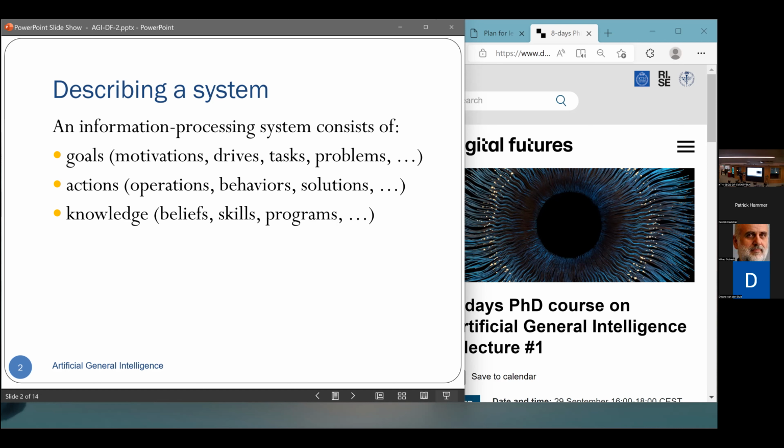So it's relating your ability to your purpose. That's another way to put it. And also it can be called beliefs, or also related to skills, programs in computer, and so on. So to me, those are the three major components, which we are going to analyze in detail in the future.